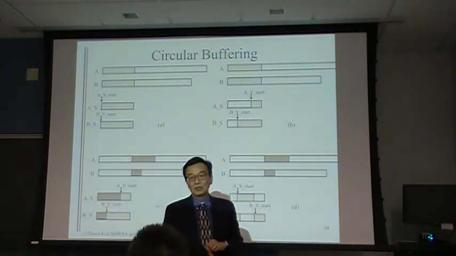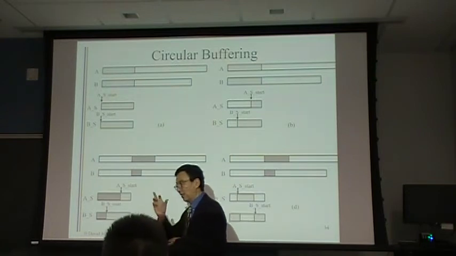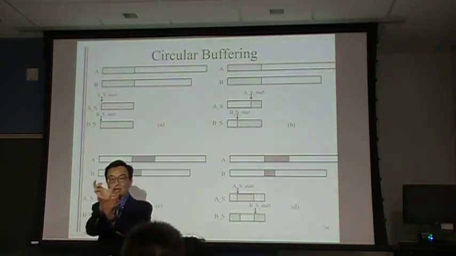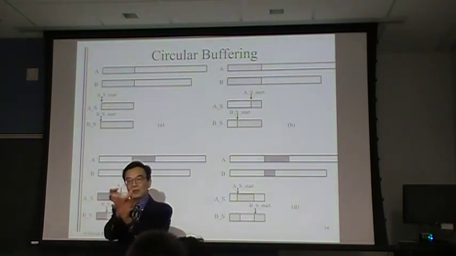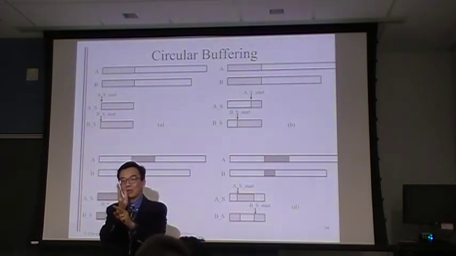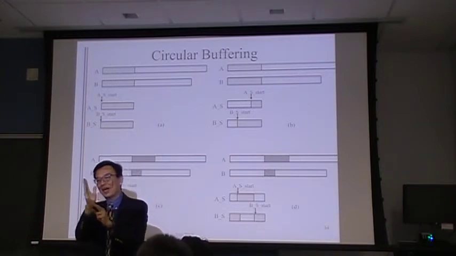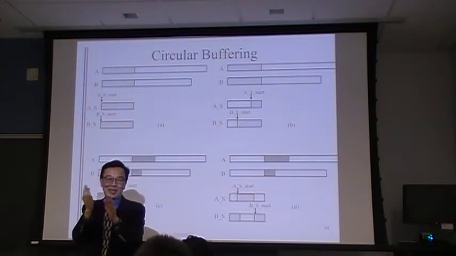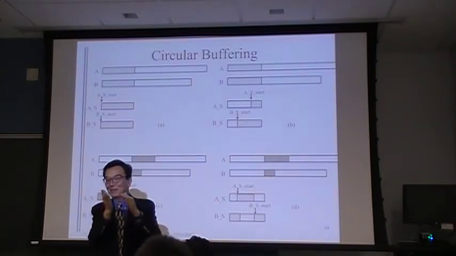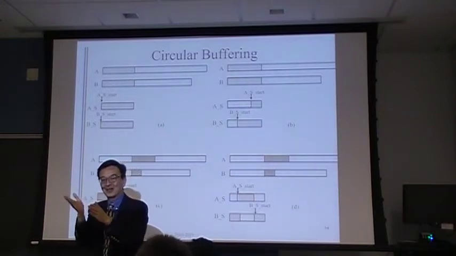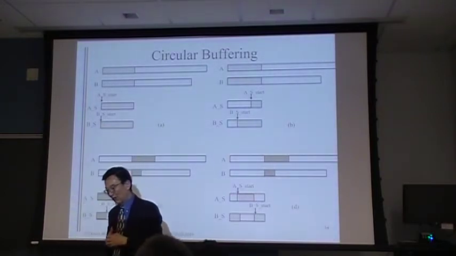Okay, so if you think about it, we have a tile of A and a tile of B, and after every step, we're going to have half of the elements not used. But we don't know how much of the half will be in A and how much of the half will be in B. So they can be any kind of combination, right? So that's kind of the annoying part.